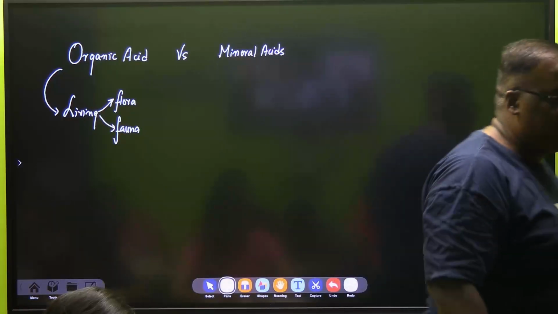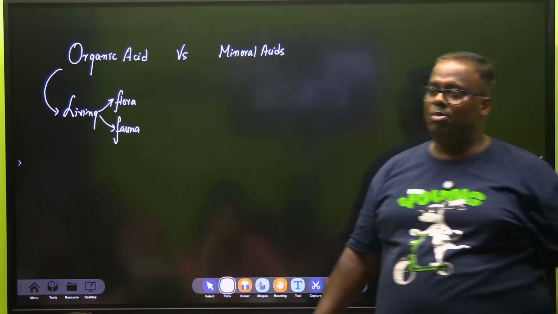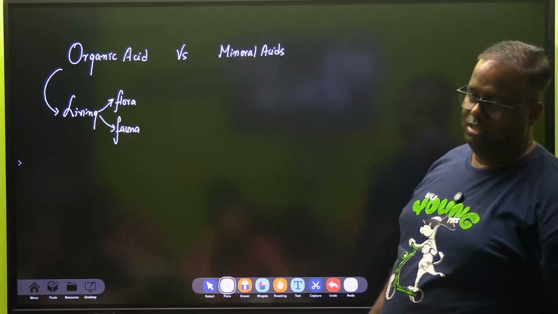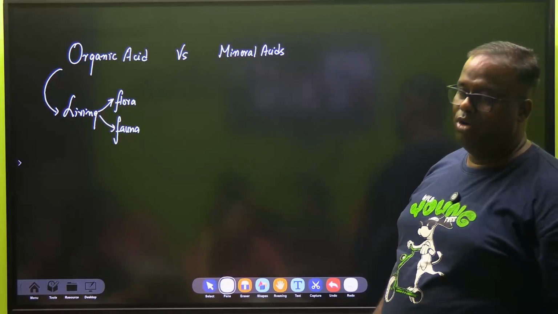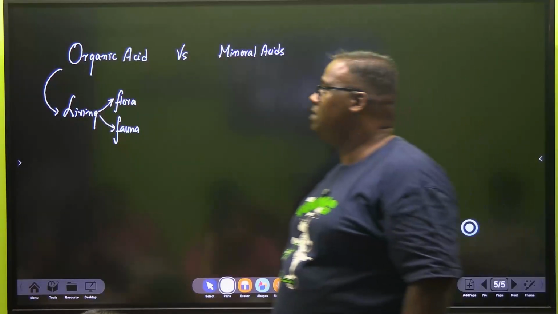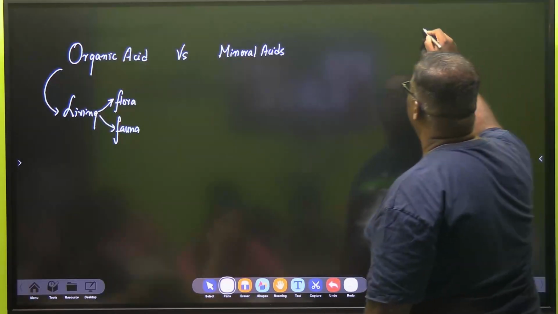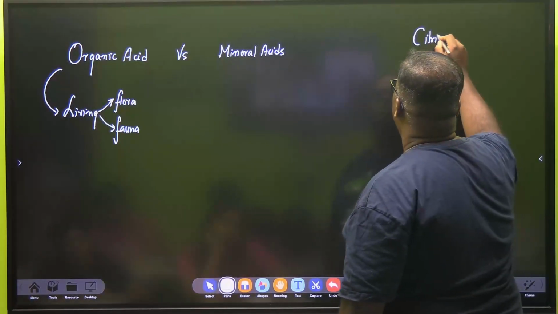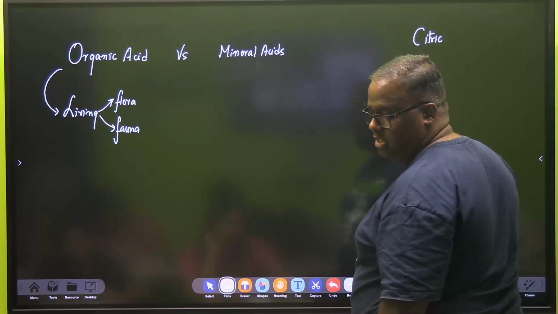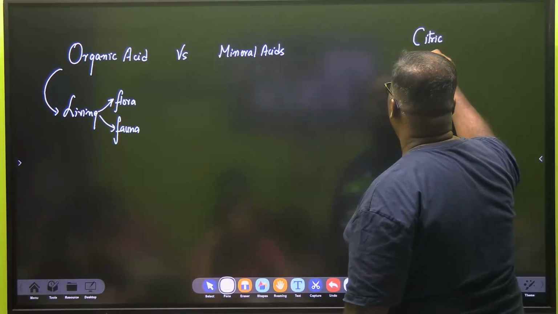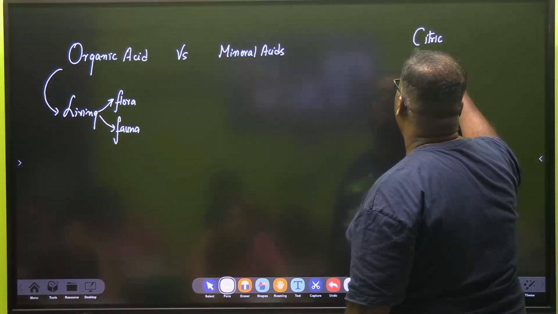Acids which are present in organic matter. What is organic matter? Matter that is derived from the living world of flora and fauna. These acids will be known as organic acids. If you slice a lemon, which is flora, you get citric acid. Milk, you will be getting something which is known as lactic acid.